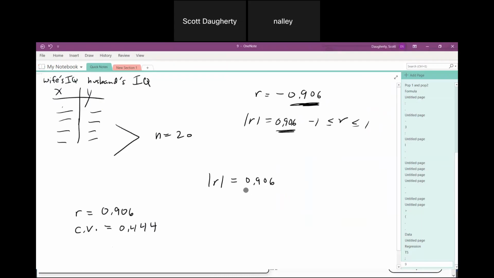And then you take this number, after taking the absolute value of it, and you compare it to the critical value. And in this case, it's larger, right? The absolute value of R is greater than the critical value.